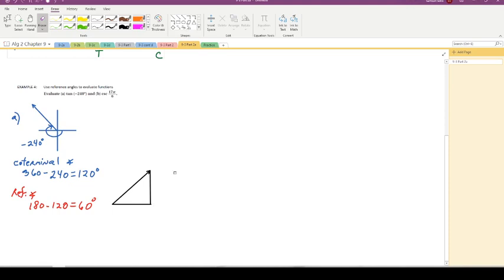Let's erase a little bit of it, and let's draw the right angle there. And remember, what do we have? Well, let's say this is 30.